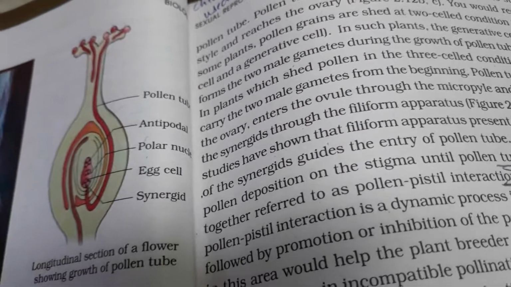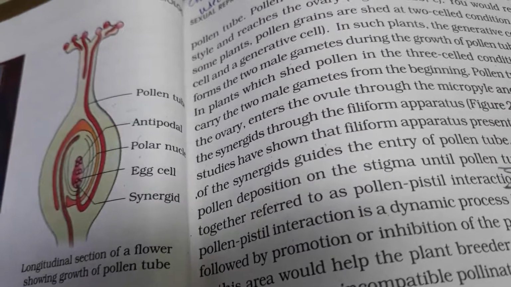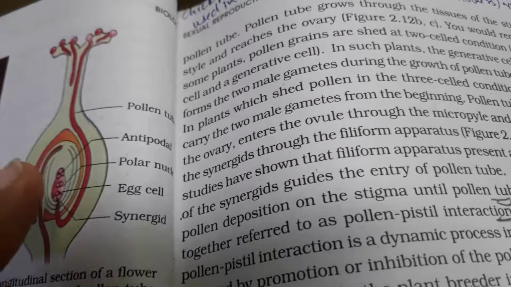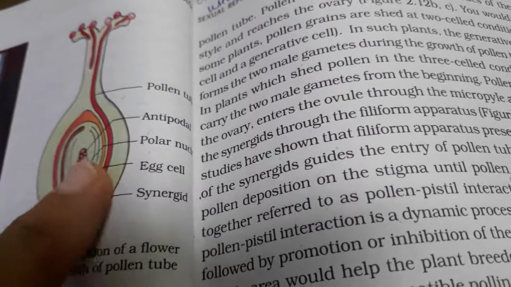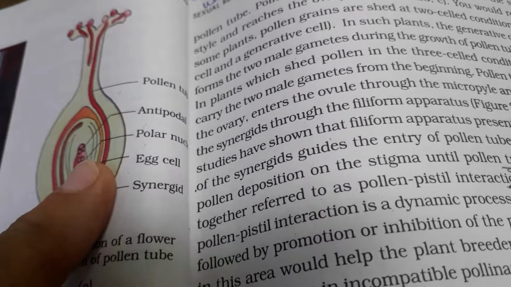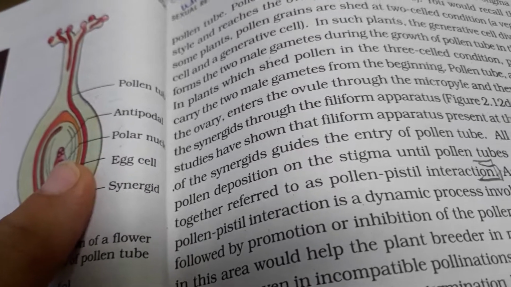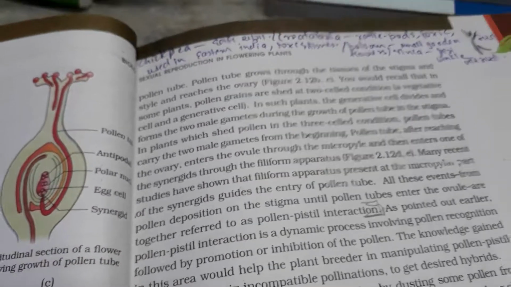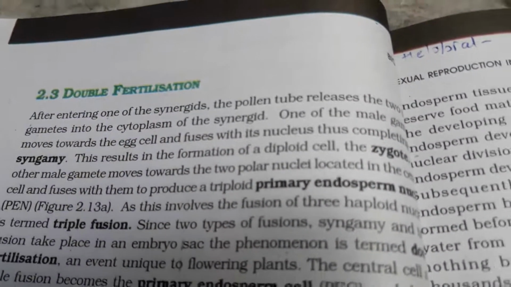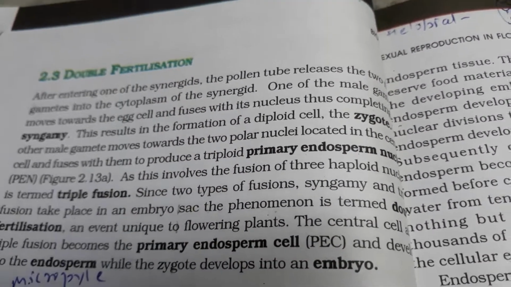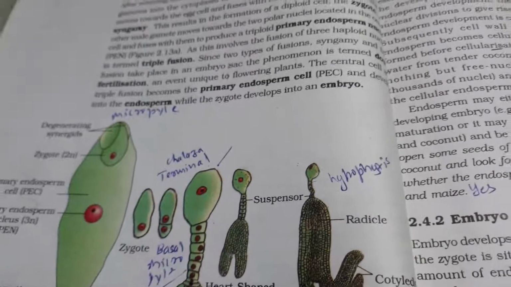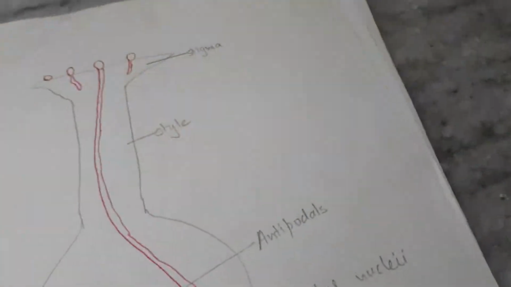Only then will today's topic be clear to you. So try to understand this diagram perfectly well in the beginning, and then you can understand today's topic, double fertilization. It is all diagram based. If you know the diagram perfectly well, you can know the theory.